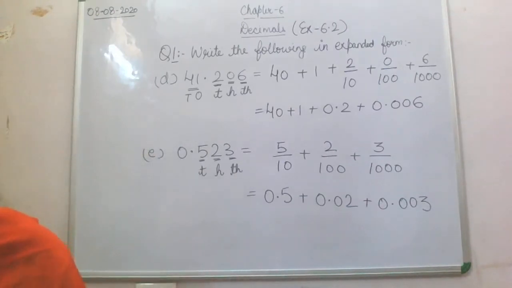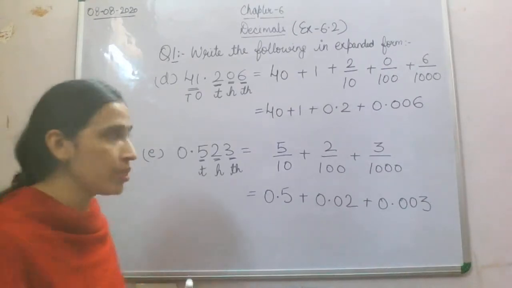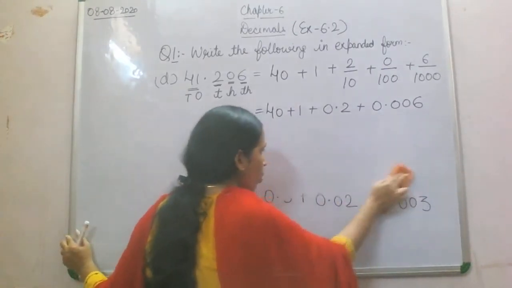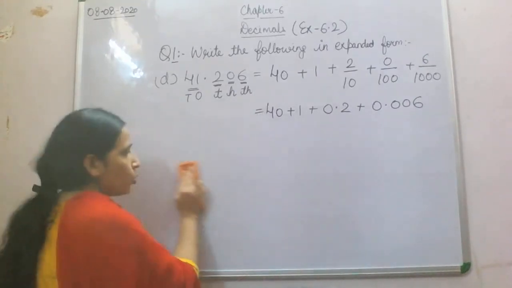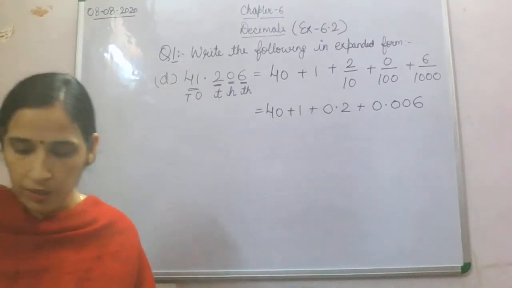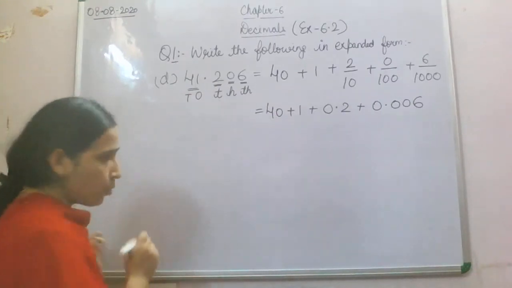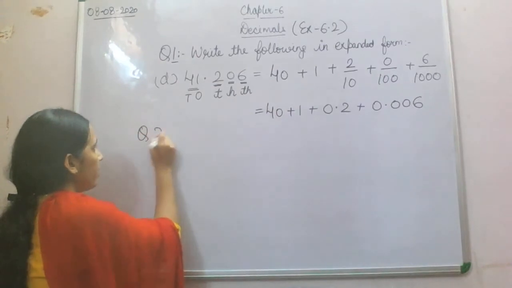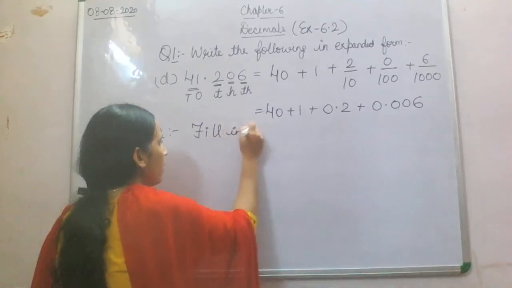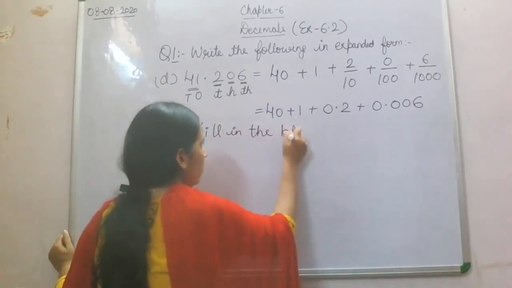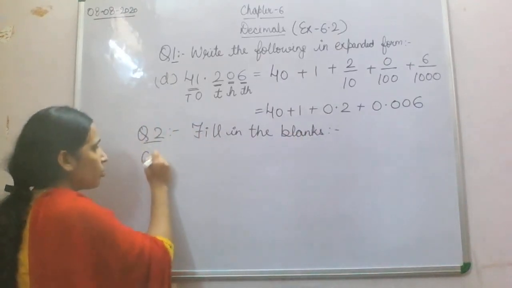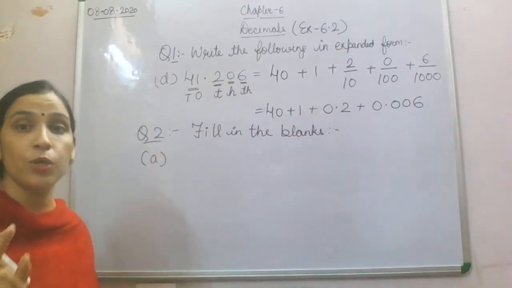Now we'll take one of the examples from question number 2, and after that this question number 2 will be your homework, and you will complete it yourself. Fill in the blanks. I am taking only examples of that. Only 2 parts I am going to explain to you, and the rest 2 parts you will do yourself.